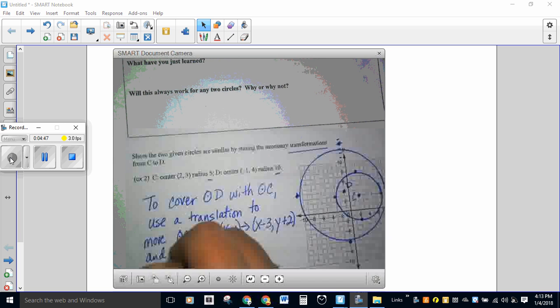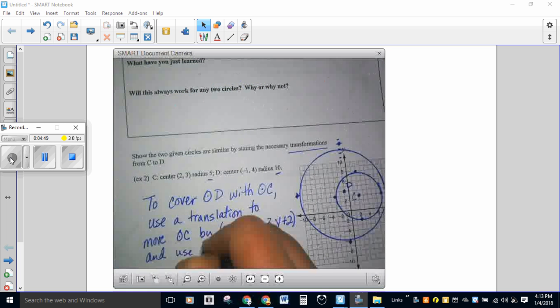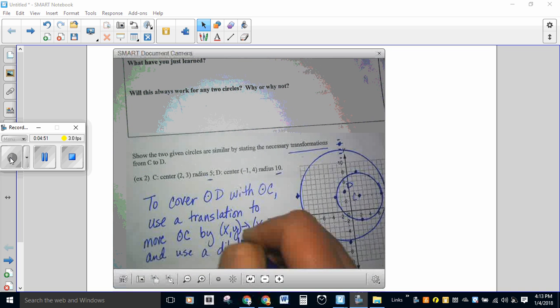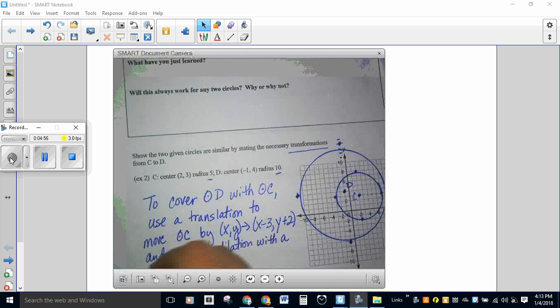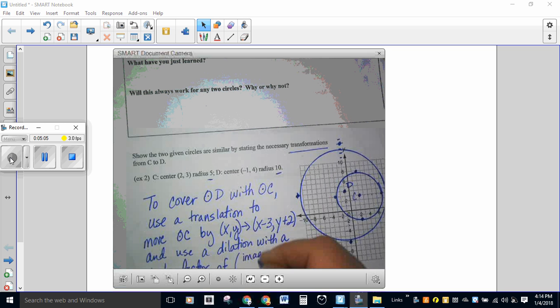And use a dilation with a scale factor of, remember I told you that it's the image where you end up over the pre-image where you start.